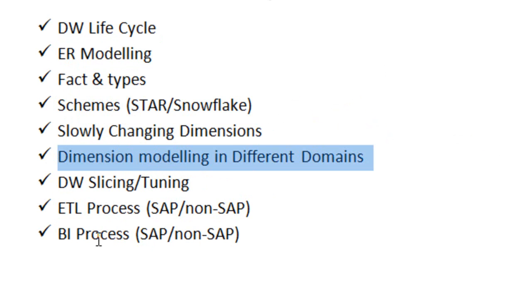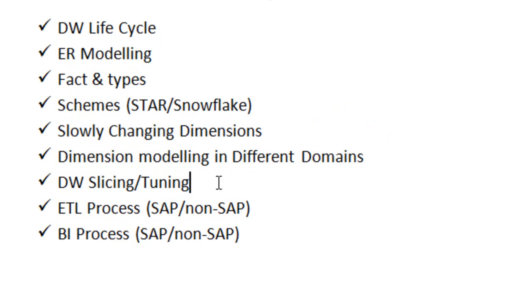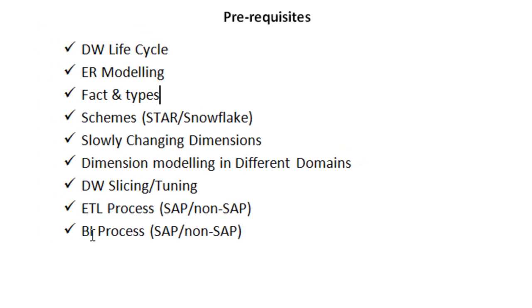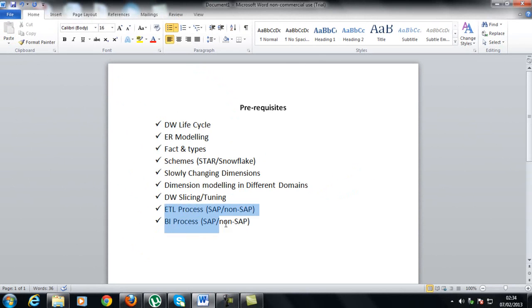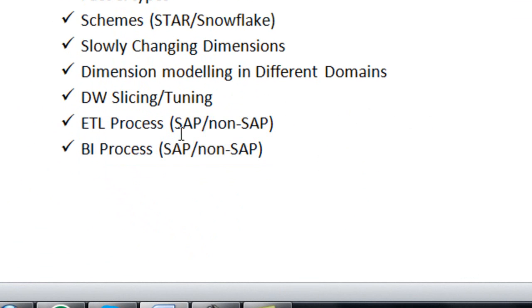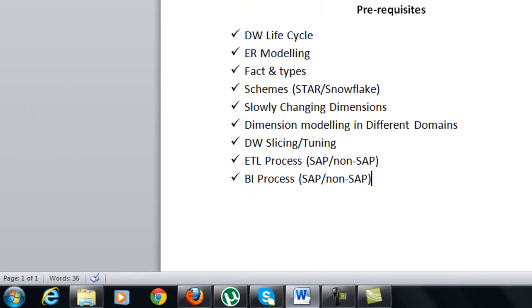It's okay if you want to learn something else like ER modeling, it doesn't matter. And the ETL process is what we are going to discuss, so it is important here. So these are the prerequisites, guys, and if you want to note the list, you can note it, and I'm going to tell you the data warehousing life cycle.